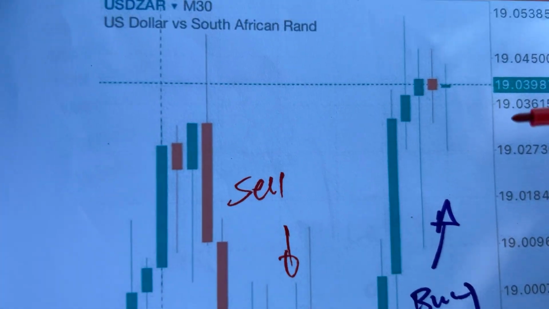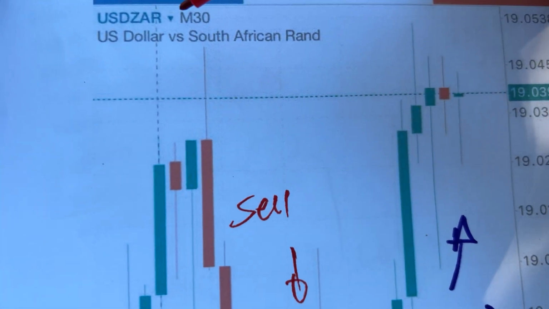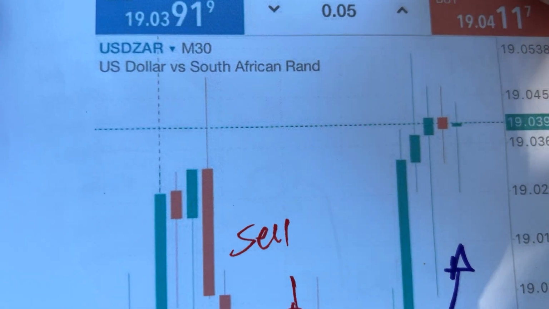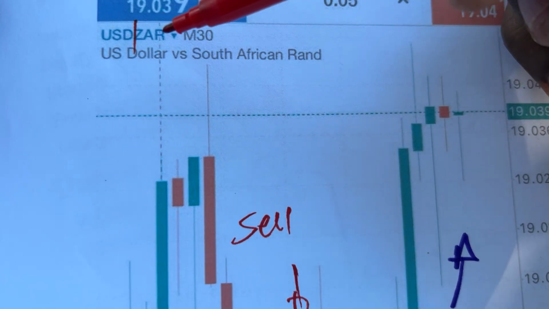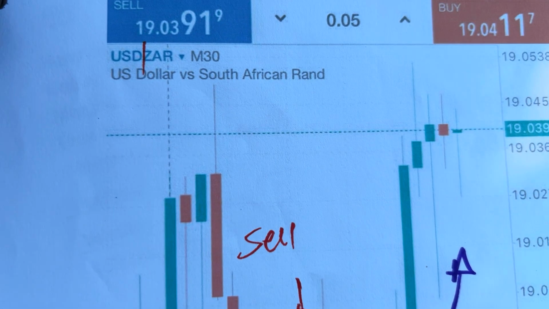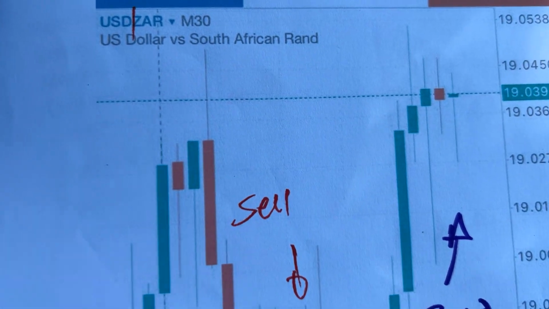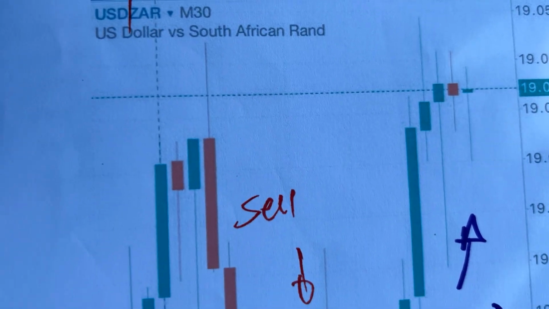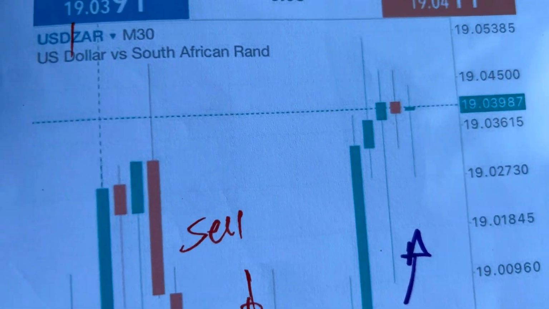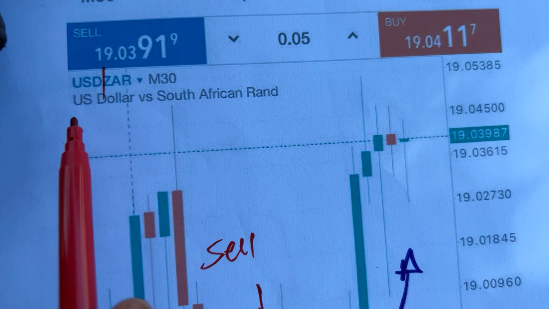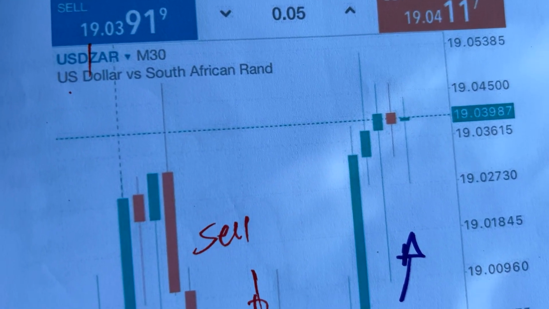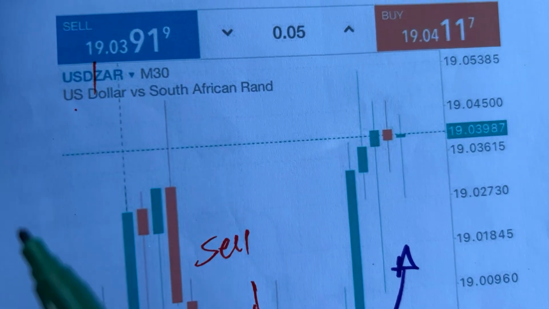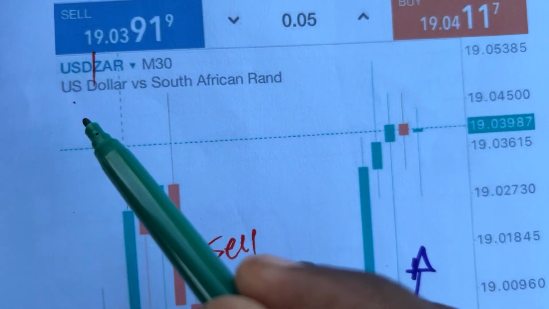If it's going down, remember, we're at USD ZAR. The USD, or the dollar here, is rated based on the performance against the South African rand. This is always $1, that's how the market is set, and this $1 is a base currency.